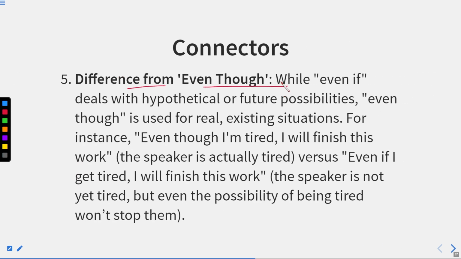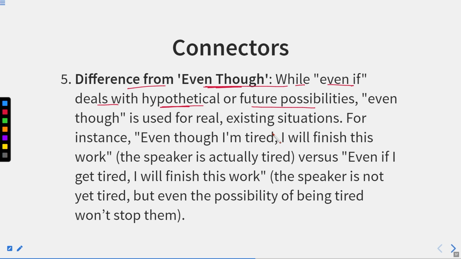Difference from even though. So how is even if different from even though? Now we'll discuss that. While even if deals with hypothetical or future possibilities, whenever we use if, we are referring to something which can happen in the future.